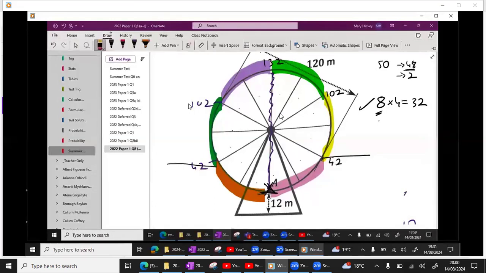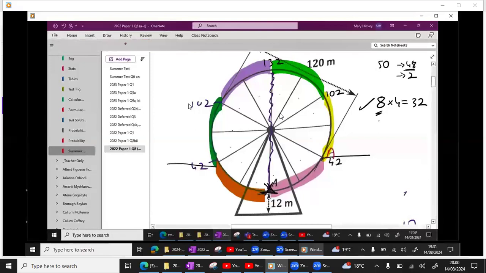So I'm going to suggest that we start the ride from here. If I start the ride from there, in the remaining 2 minutes, 1, 2, I am also above 42. So I can add on 2 more minutes where I'm above 42. So 34 is the correct answer, because it doesn't say you have to begin at the bottom.